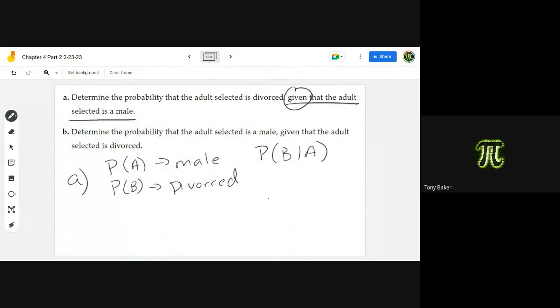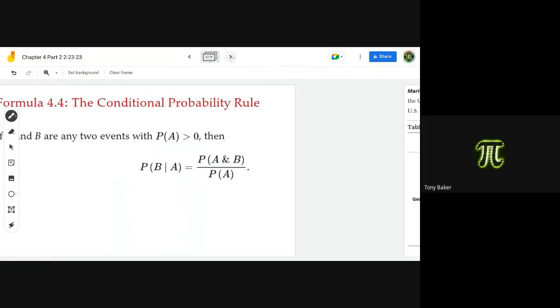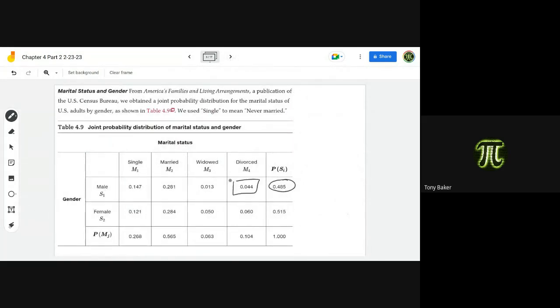So my bottom is 0.485, because it's P of A, and B over the P of A. And then the and is male and divorced. So that's 0.044.